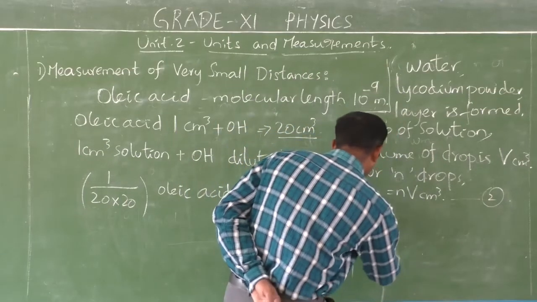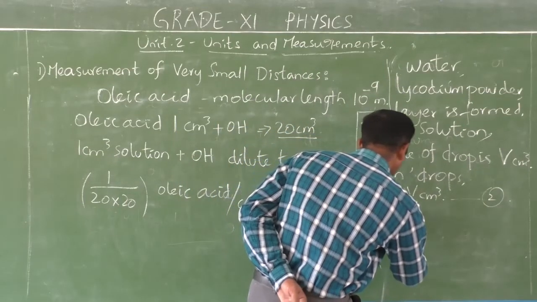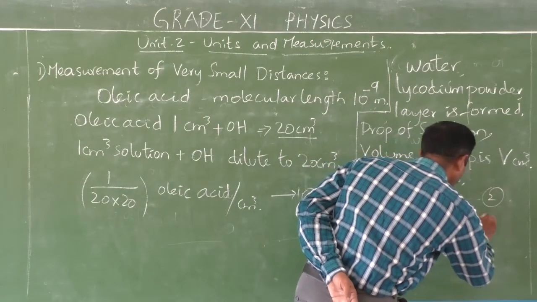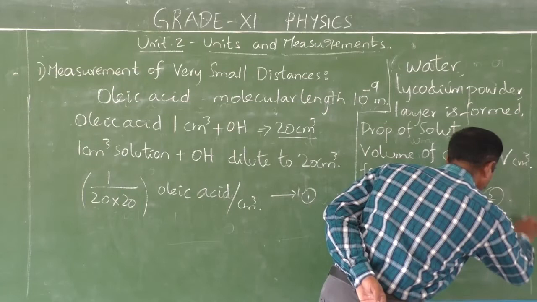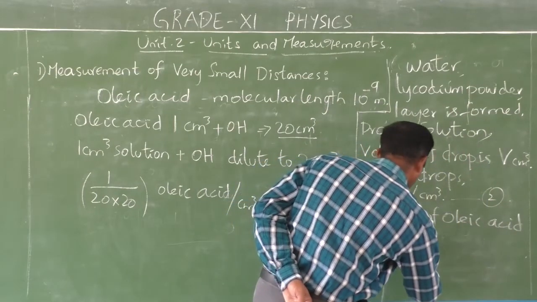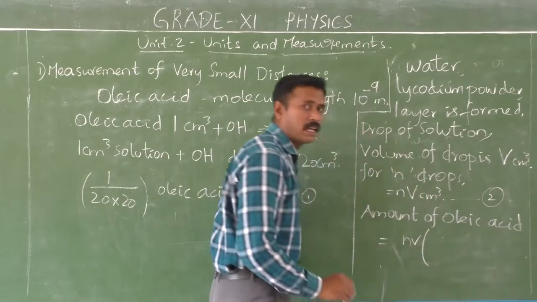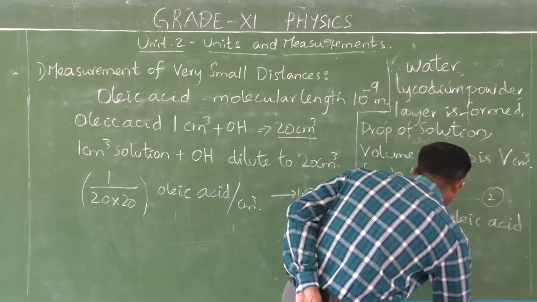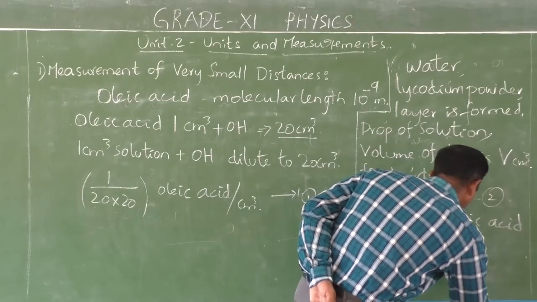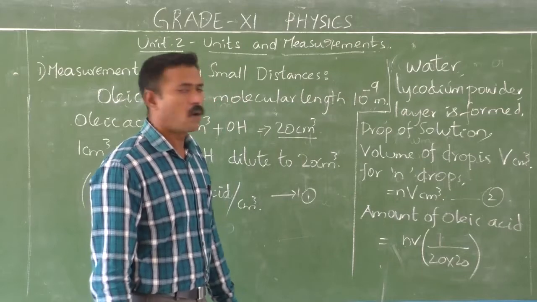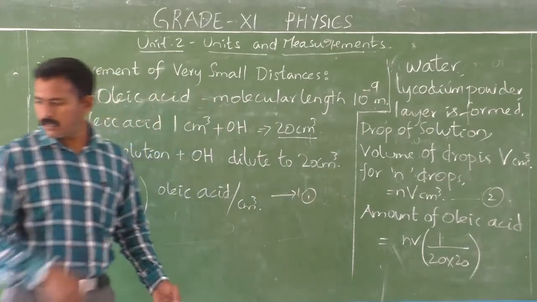So the amount of folic acid is nV times the concentration. So this is the amount of folic acid.